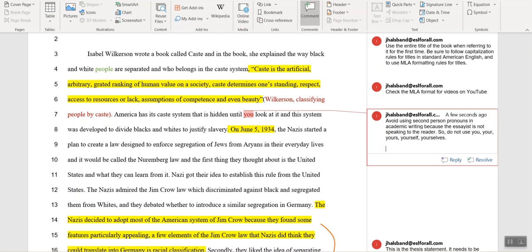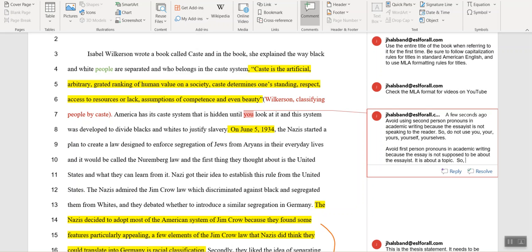Then while I'm at it, I'm also going to say avoid first person pronouns in academic writing, because the essay is not supposed to be about the essayist. It is about a topic.